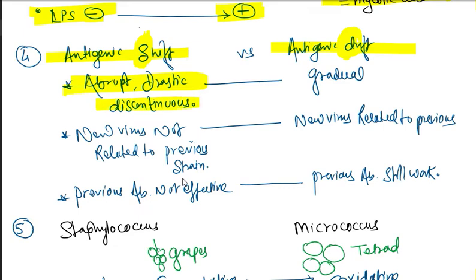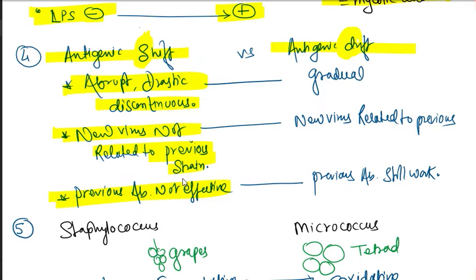There is too much gap, a sudden gap, we can say. So the new virus that is created is not related to the previous strain. That's why the previously formed antibody is not effective against the new virus in antigenic shift.